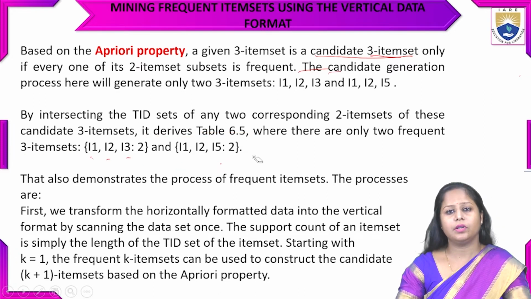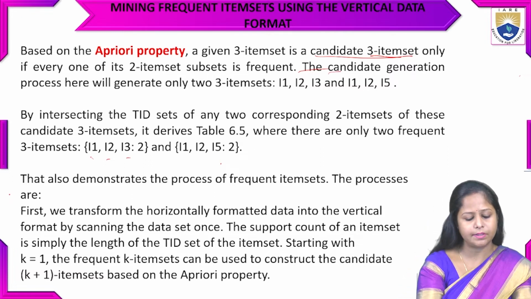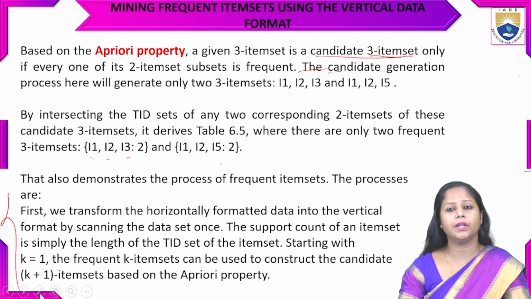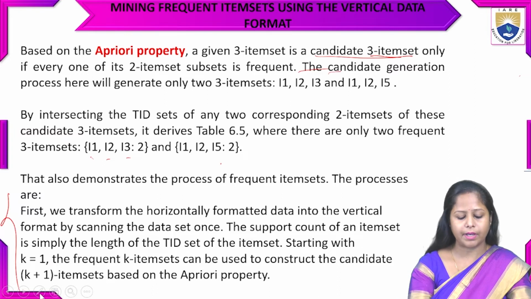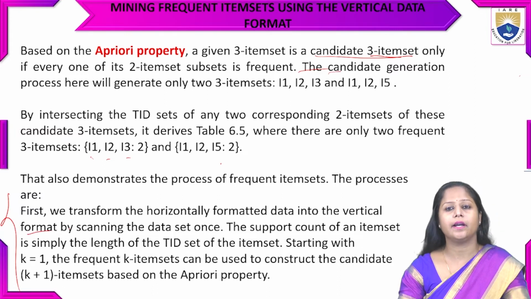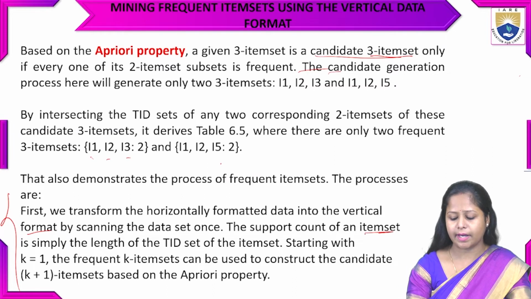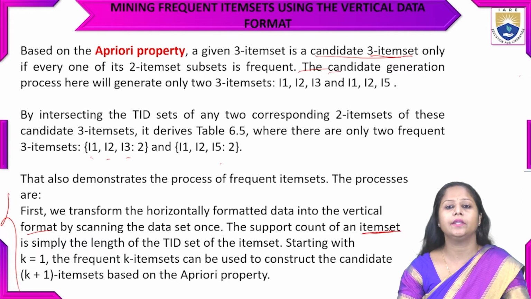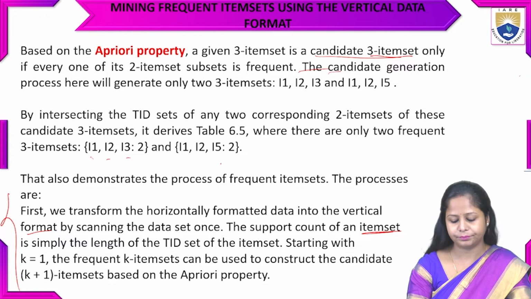So that also demonstrates the process of frequent item set mining. What are the steps? First, we transform the horizontally formatted data into the vertical format by scanning the data set only once. The support count of an item set is simply the length of the transaction ID set of the item set.